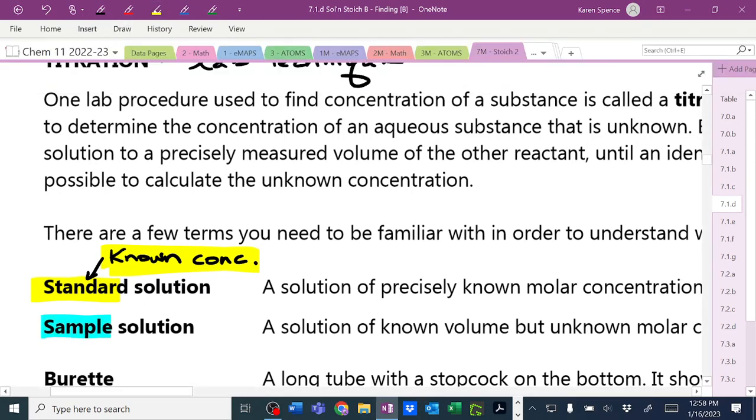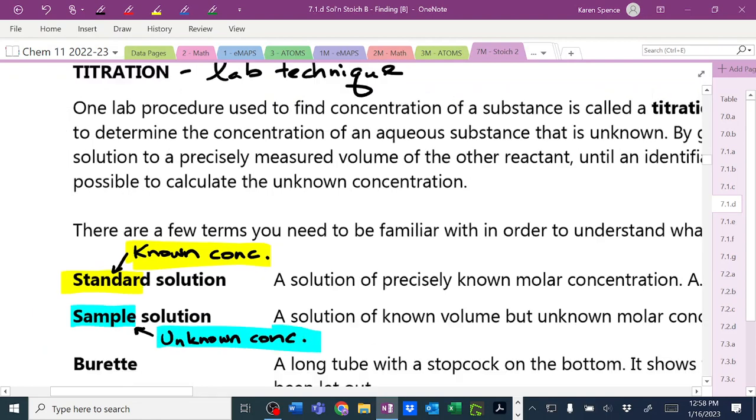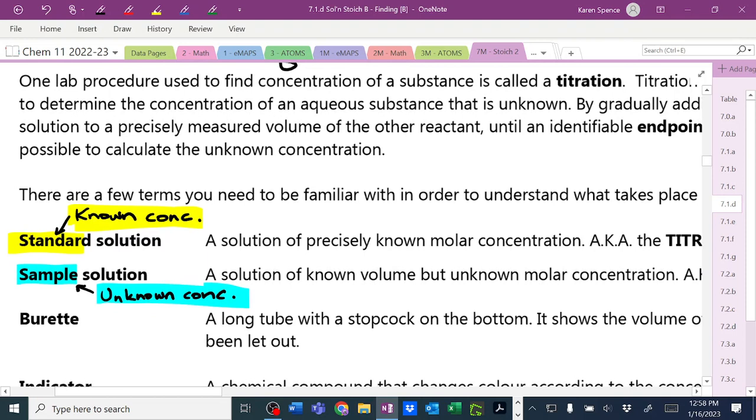Your sample solution, can you guess what that one is? That is your unknown concentration. It's the one you want to find out.